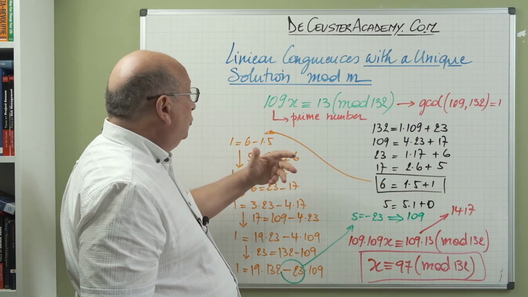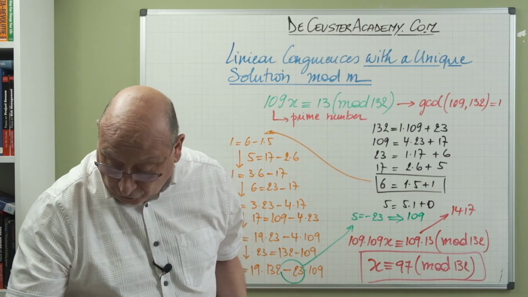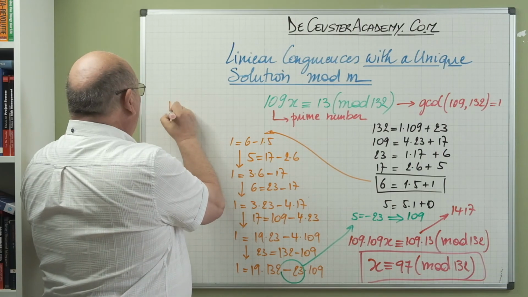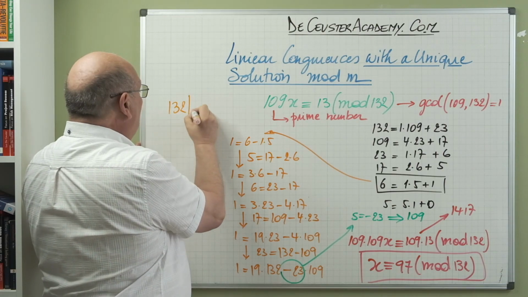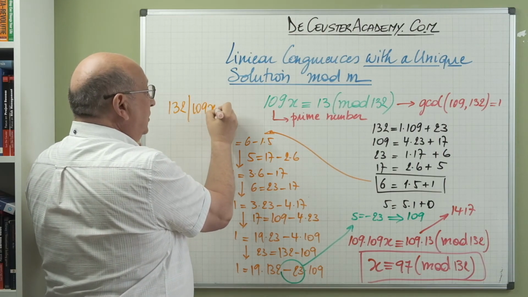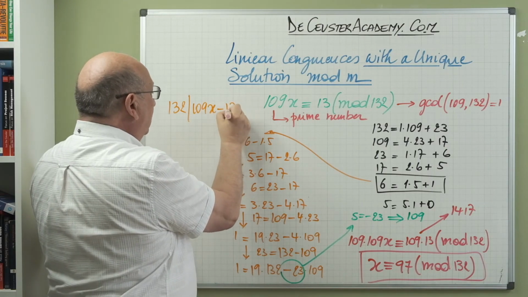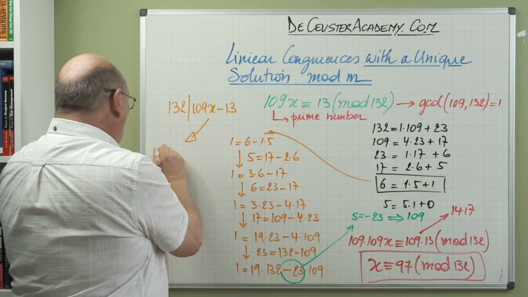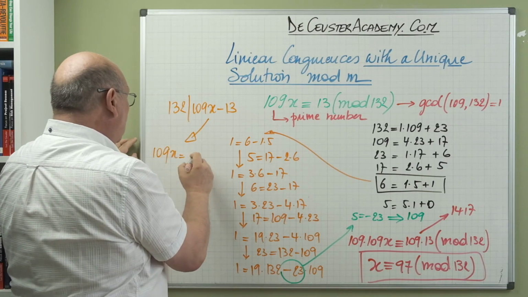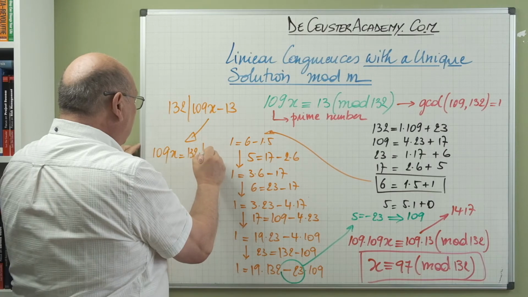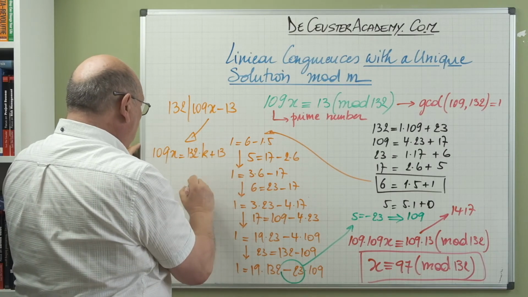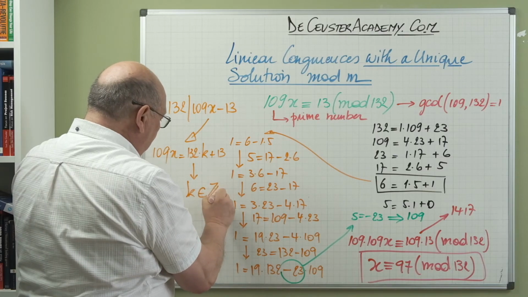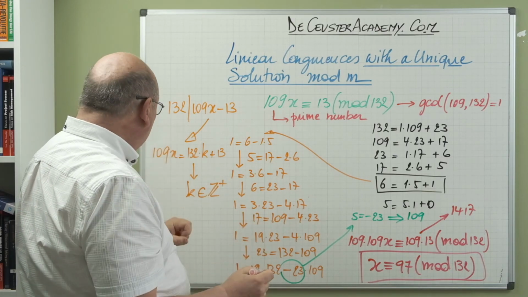It's also possible to use the definition of the congruence to find this. We can say that 132 divides 109x minus 13. And you know that we could write here that 109x is equal to 132 times k plus 13, for k an element of the integers.